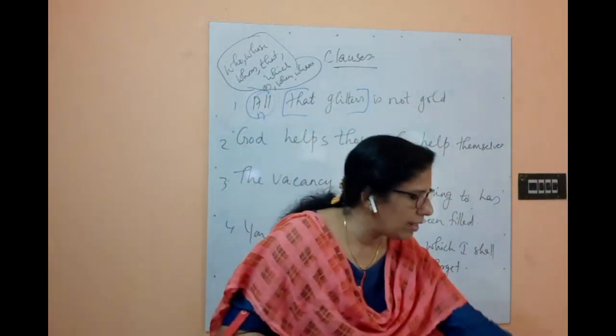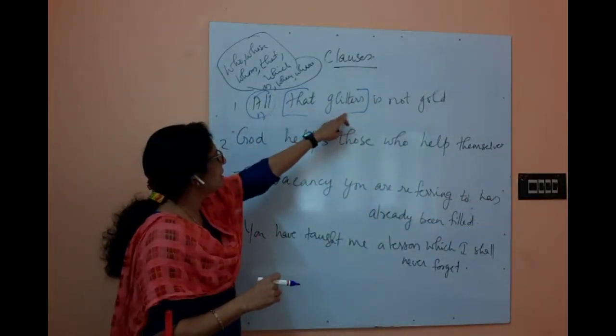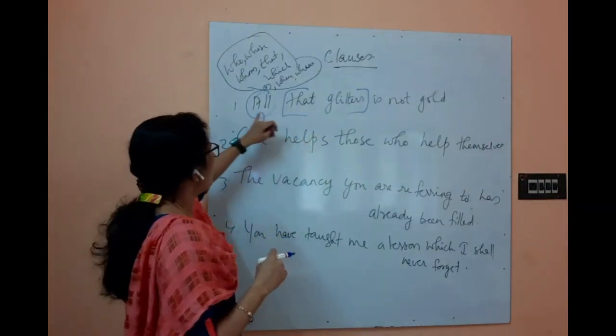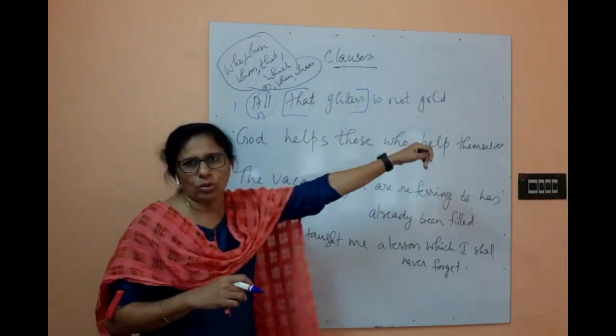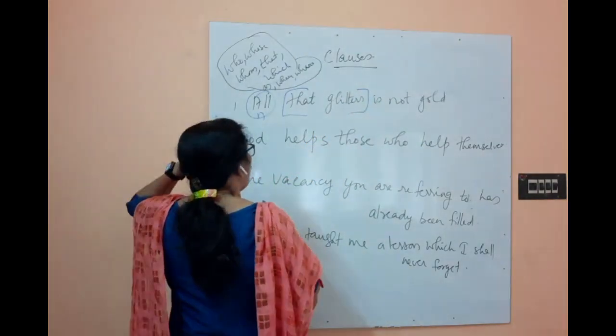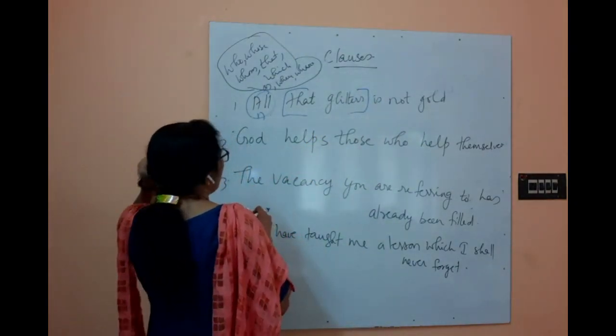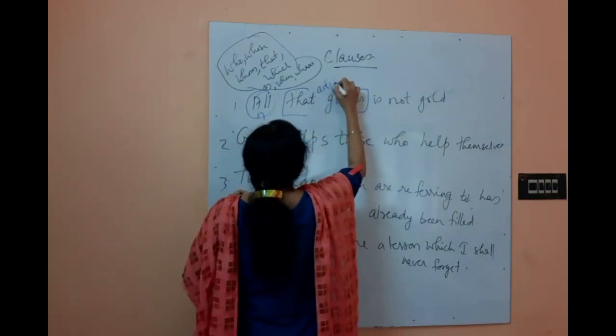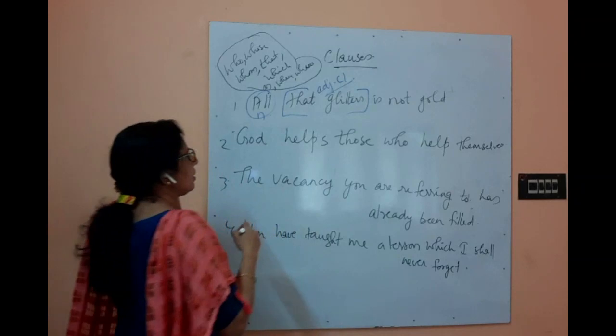This relative pronoun, that, is the subject and glitters is the verb, and it is dependent on the main clause, all is not gold. The remaining part is meaningful. So that glitters is the adjective clause, and all is a noun.